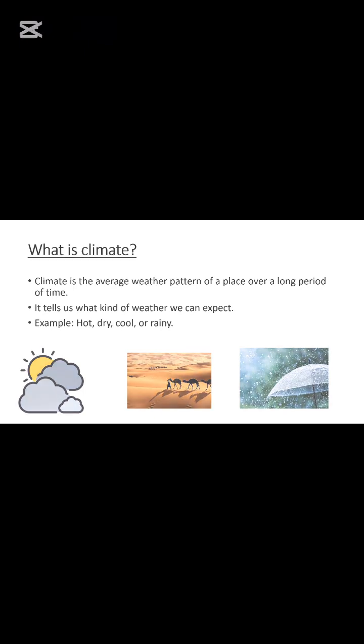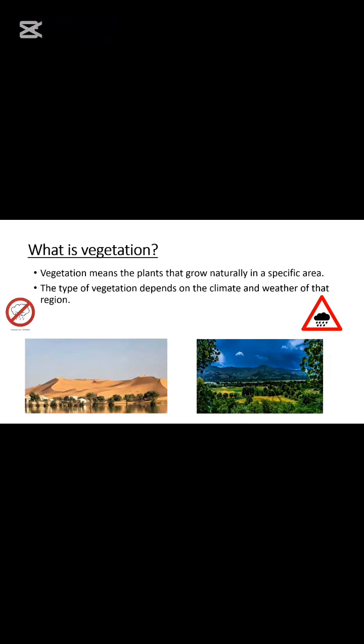Then we have what we call vegetation. Vegetation refers to plants that grow naturally in a specific area. The type of vegetation depends on the climate and weather of that region. We have the Sahara Desert. The climate and the weather of the Sahara Desert has a great influence on what type of plants are in the area. The vegetation that grows in the desert is dependent on the climate and weather conditions.